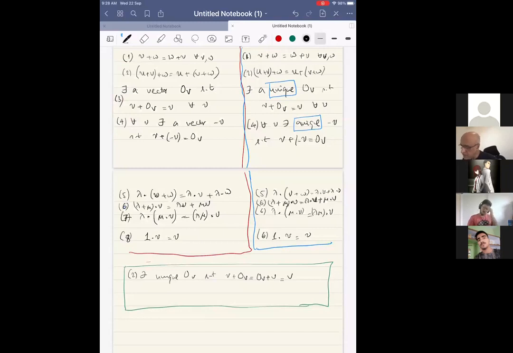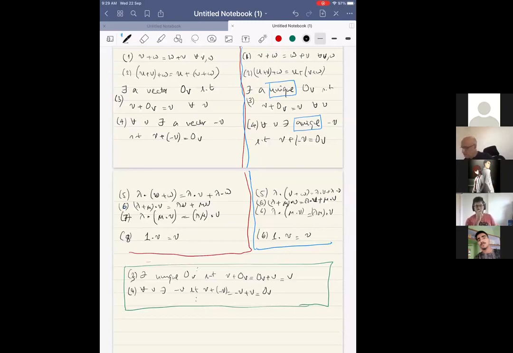So this is 3. 4, for every v there exists minus v such that v plus minus v equals minus v plus v equals 0v. Okay, so this is a green definition, and then the others are the same.